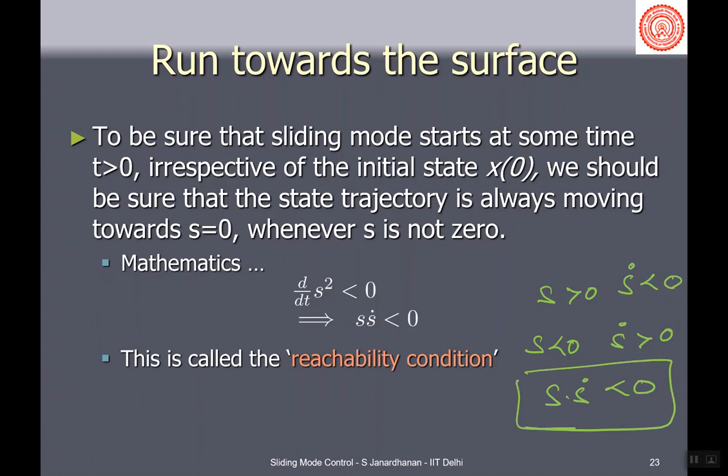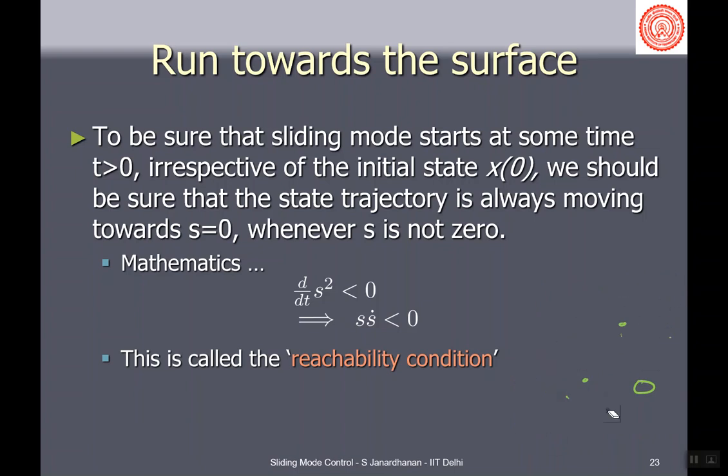This is very similar to a condition of Lyapunov stability, but anyway, we'll look at this. So this is called the reachability condition. Whenever you have S S dot less than 0, what you are assuring is that S is moving towards S equal to 0.